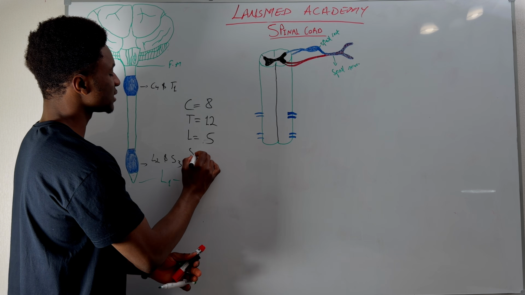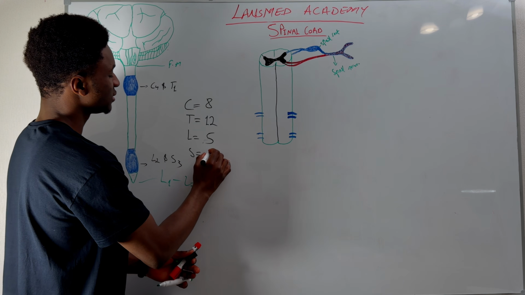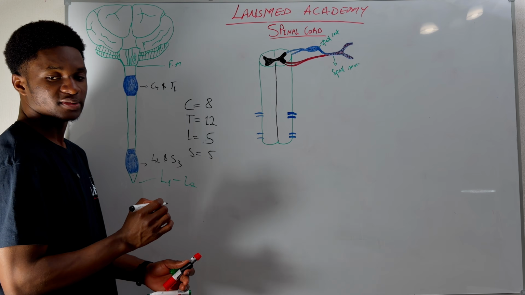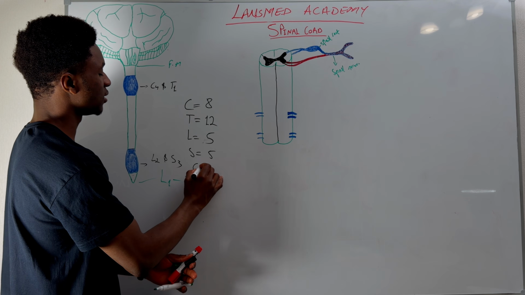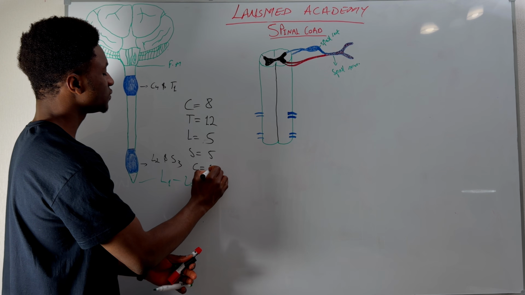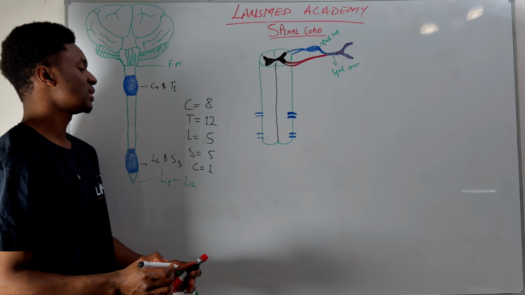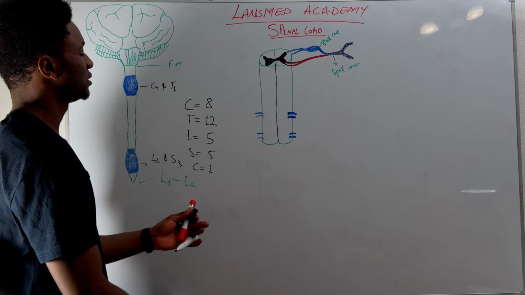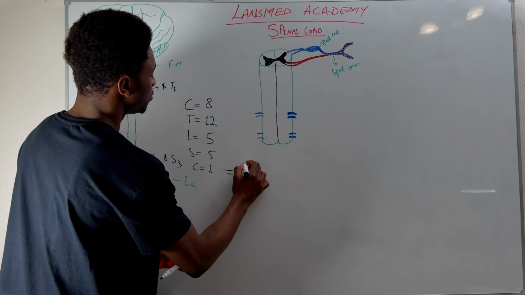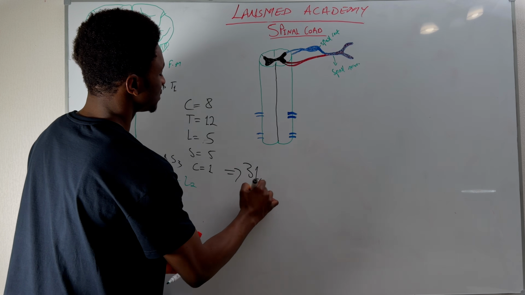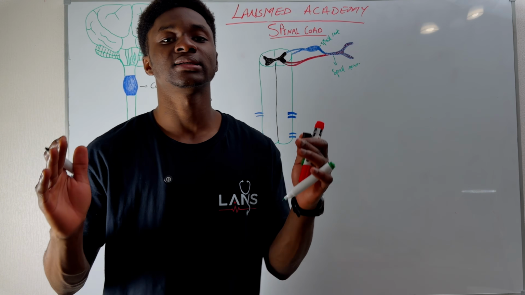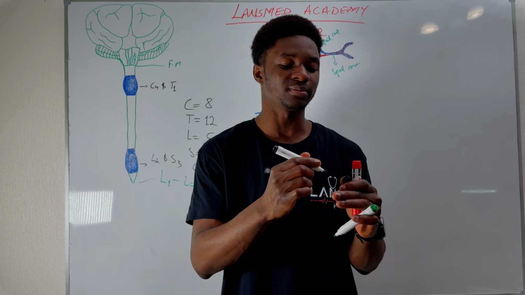In the sacral segment, we have what? 5 pairs of spinal nerves. And in the coccygeal segment, we have just 1 pair of spinal nerve. If you do the maths, you will see that totally we would have what? 31 pairs of spinal nerves, and hence the spinal cord has 31 segments.